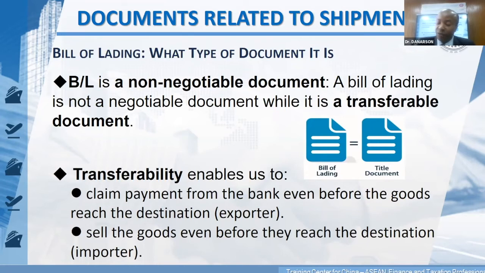Without a bill of lading, you cannot take possession of any goods, even though you have paid for them. So it's a title document. The exporter is the owner of the goods you are buying until those goods reach your door, or before there's an exchange of title.